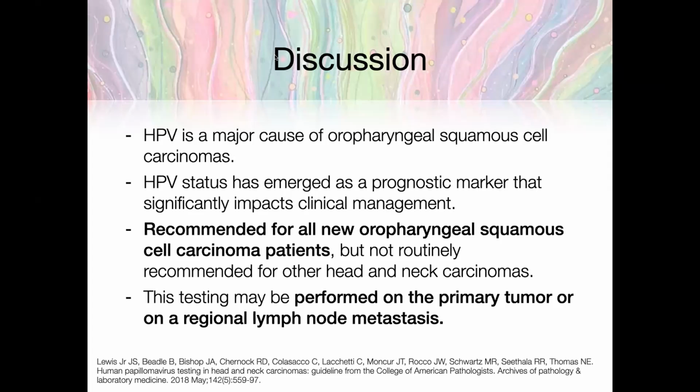Based on their systematic reviews, HPV high-risk testing is recommended for all new oropharyngeal squamous cell carcinoma patients, but not routinely recommended for other head and neck carcinomas. This testing may be performed on the primary tumor or on the regional lymph node metastasis when the clinical findings are consistent with an oropharyngeal primary, as in this case wherein the tumor presented as cystic on imaging and is located at level 2.